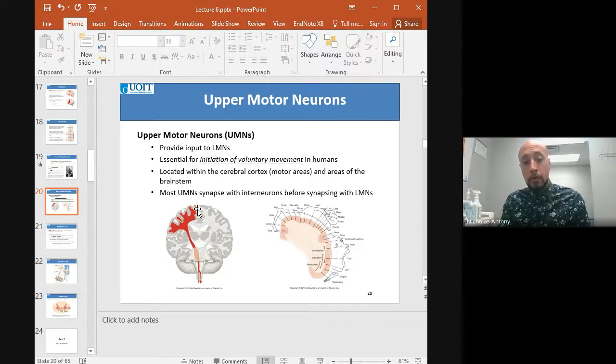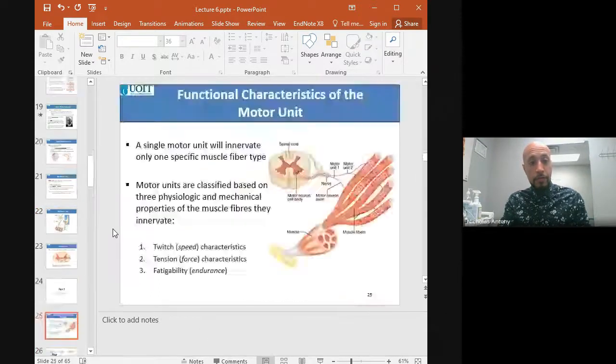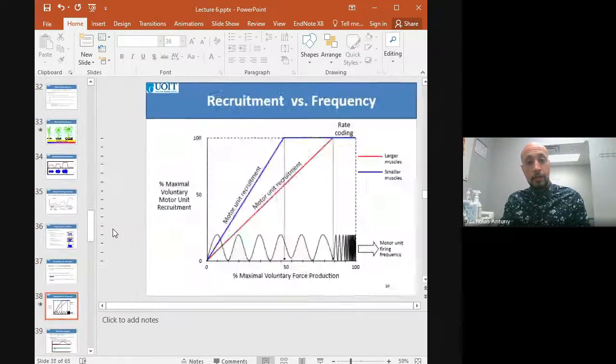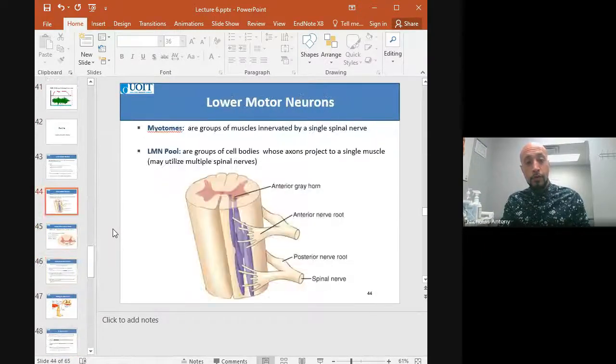From our primary motor cortex, that neuron starts here and travels all the way down to the appropriate level of the spinal cord. And then it synapses with the lower motor neuron out to the muscle.